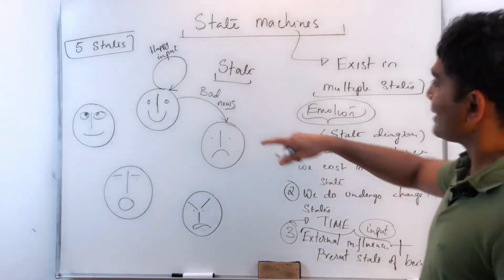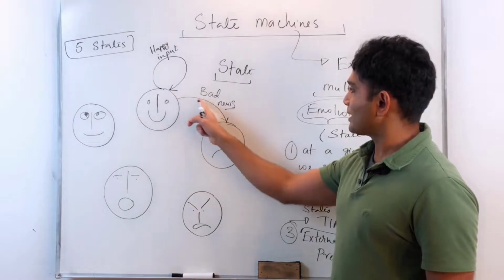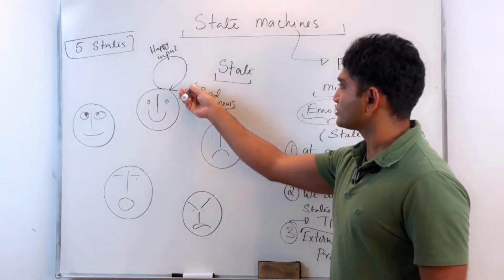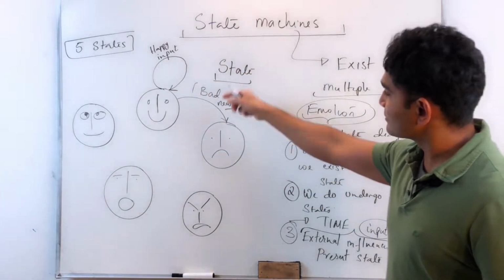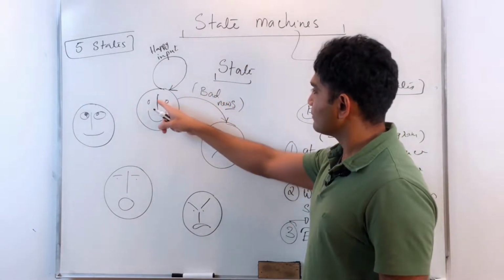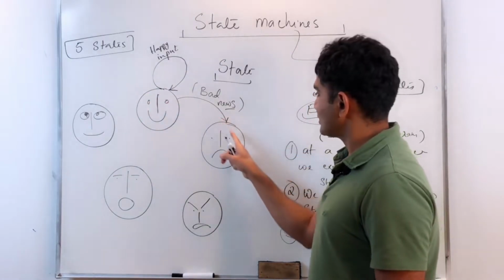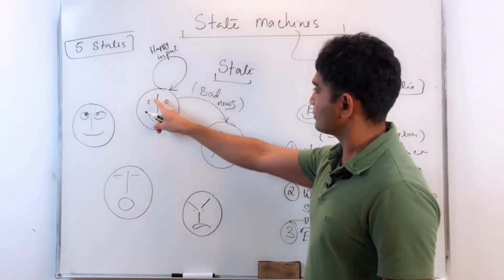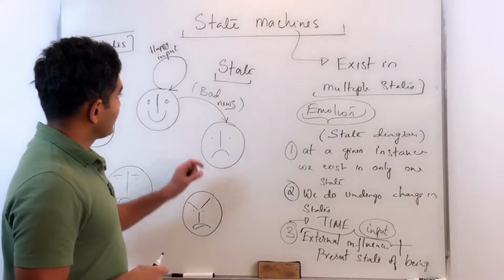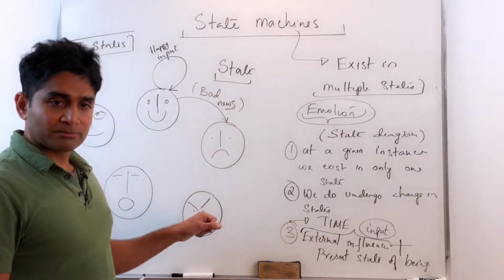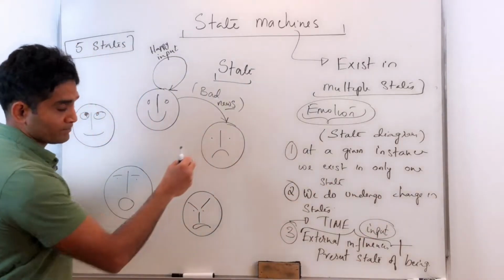Again, the idea is I show the state transitions through these arrows, and I place my inputs on those arrows to signify that this is the input that occurred, and when it occurred while I'm in this particular state, it transitions me from this state to the next state. So if I'm in this state in the present, and this particular input happens, my future state is going to be the sad state.